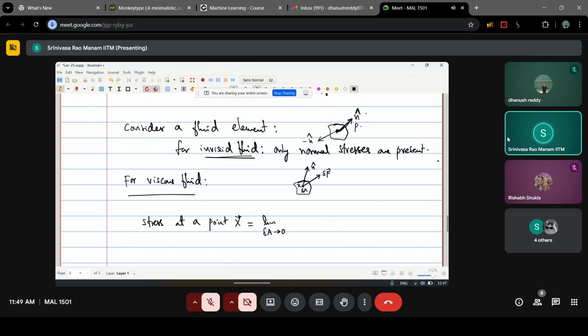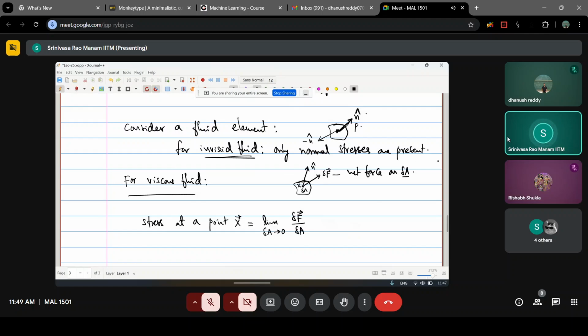So this is actually equal to the limit of the small force acting on this delta A, the force per unit area. Delta F is the net force on the fluid element delta A.